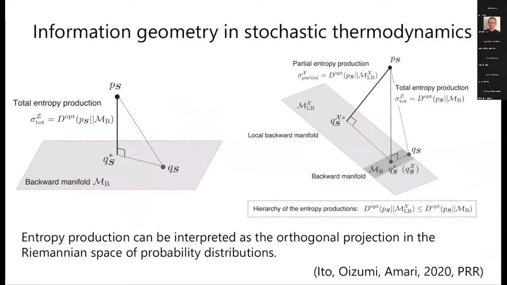In this work, entropy production can be geometrically interpreted as a sort of orthogonal projection in the Riemannian space of probability distributions. I'll explain this in a later part. That's how I came to know stochastic thermodynamics, and probably why I was invited to give this tutorial in this workshop.